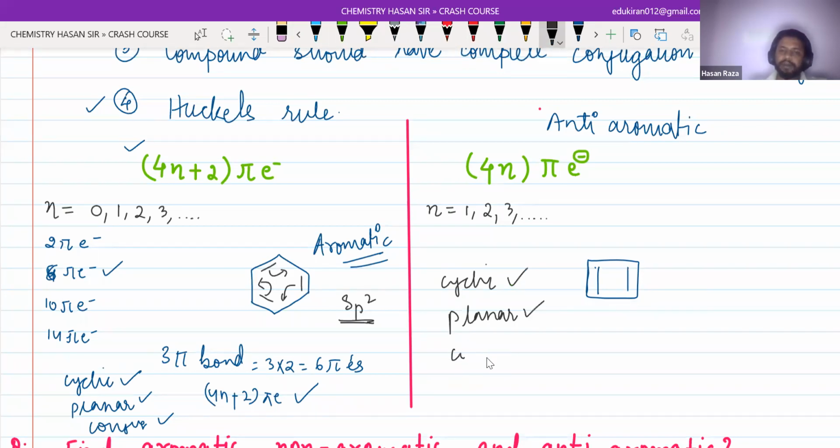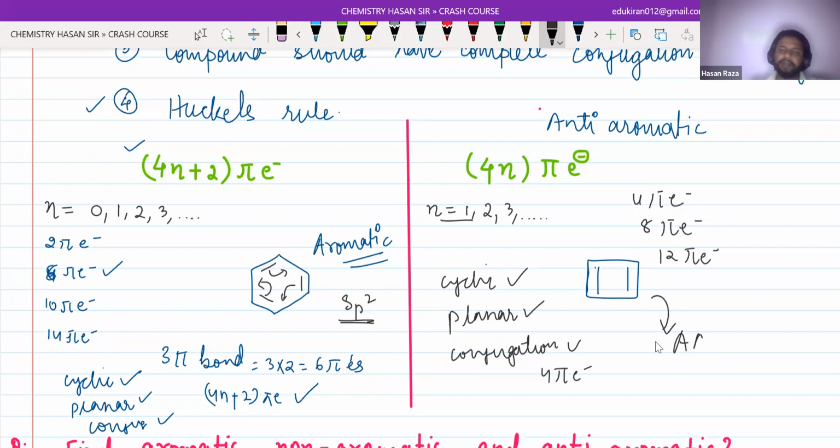Complete conjugation, yes. Now pi electrons: for n equal to 1, you get 4 pi electrons; for n equal to 2, 8 pi electrons. That means it is a multiple of 4, then 12 pi electrons. So you can see here 4 pi electrons are there because 2 pi bonds means 4 pi electrons. That's why this compound is anti-aromatic.